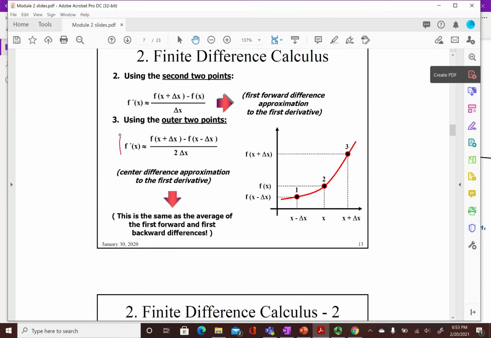Right here, this is the first version. It's 2 delta x because we're looking at x plus delta x and x minus delta x, so it's spaced out by 2 delta x.